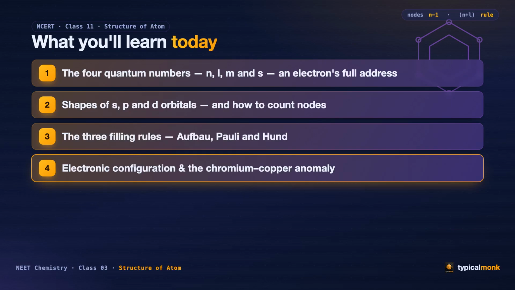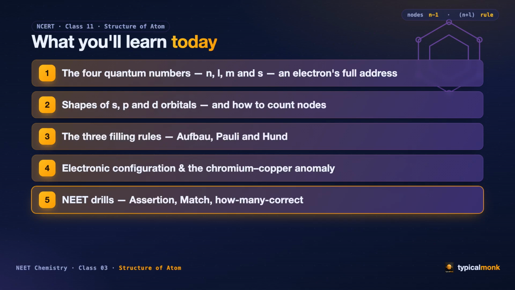Fourth, electronic configuration, and the famous chromium and copper anomaly, where the atom breaks the simple pattern for the sake of stability. And fifth, the NEET drills. Assertion and reason, match the column, and how many are correct, so that everything you learn today, you can also score with. Ready? One idea at a time.